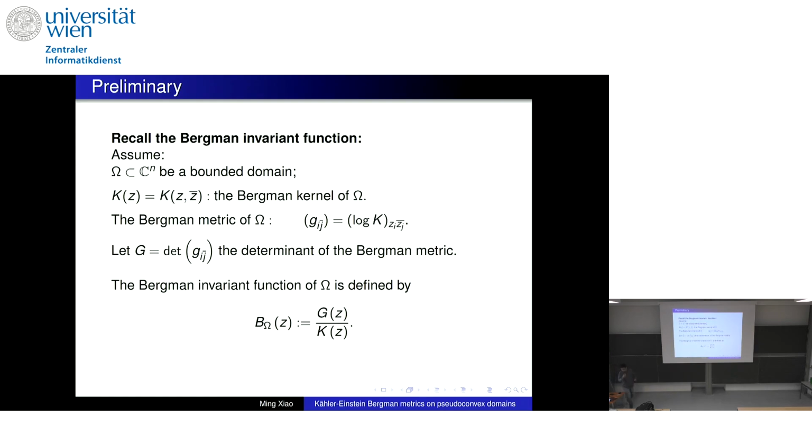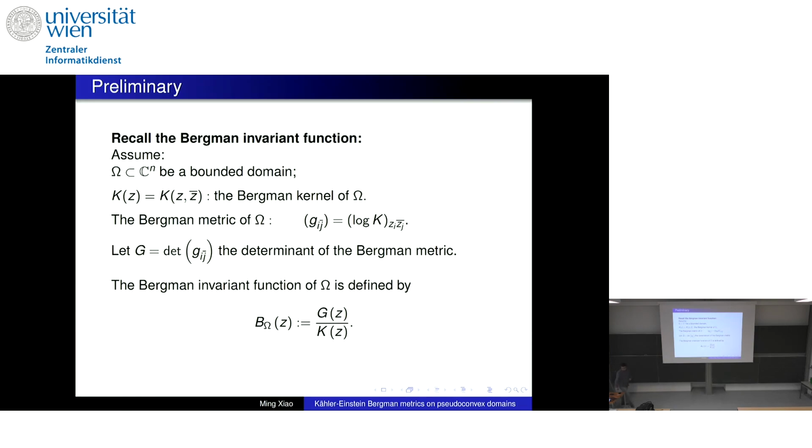Recall the Bergman invariant function is defined as follows. We start with the bounded domain omega and let K be the Bergman kernel. So this ∂∂̄ log of K is going to be the Bergman metric. Let capital G be the volume of the Bergman metric, or the determinant of the Bergman metric.